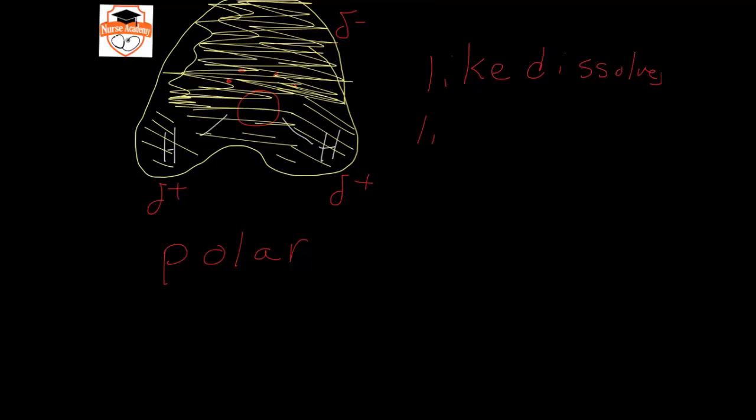And it's going to be thin enough on this side that we can actually see the nucleus's positive charge coming through that layer of jam. And so that means that we have a partial positive charge over here and a partial negative charge on this side. Now, depending on how polar this molecule is, we're going to describe water as a polar molecule, and indeed most biological molecules are polar, which makes water a very good solvent, because there's a rule that we talk about in chemistry that like dissolves like.